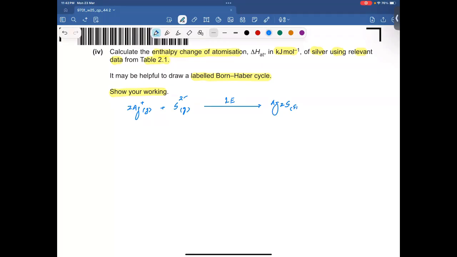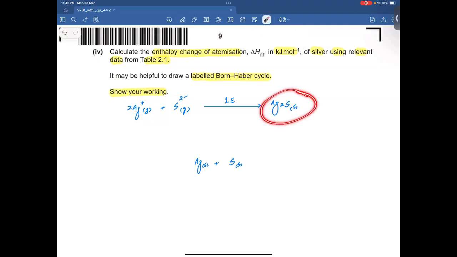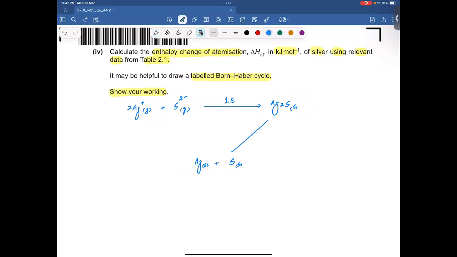Now, solid silver and solid sulfur. When 1 mole of compound is formed from its constituent elements in their standard states under standard condition, then it is called standard enthalpy change of formation. So this is going to be standard enthalpy change of formation.